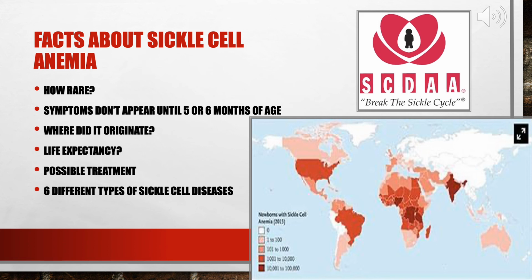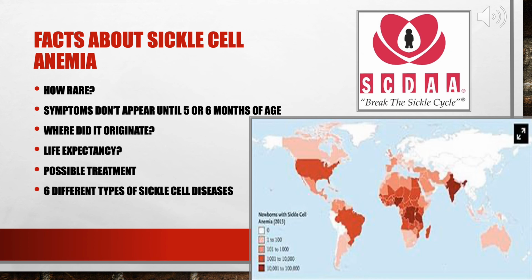Now, sickle cell diseases, there are quite a few. There are actually 6 different types, including sickle cell anemia. As I said previously, HbSS, which is sickle cell anemia, both your parents passed on an abnormal sickle hemoglobin gene.